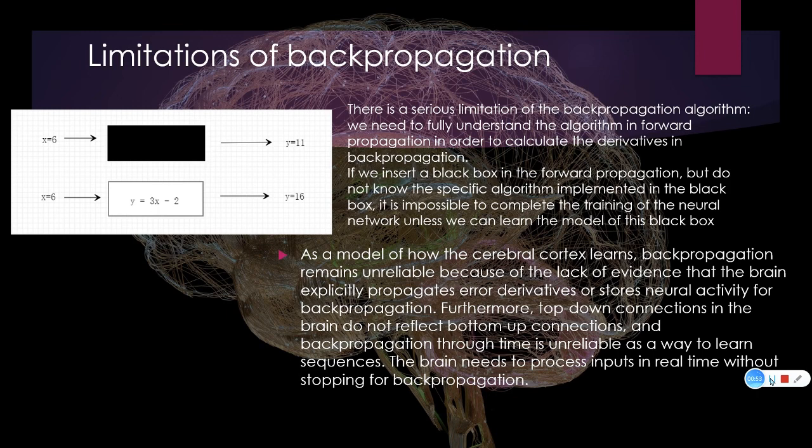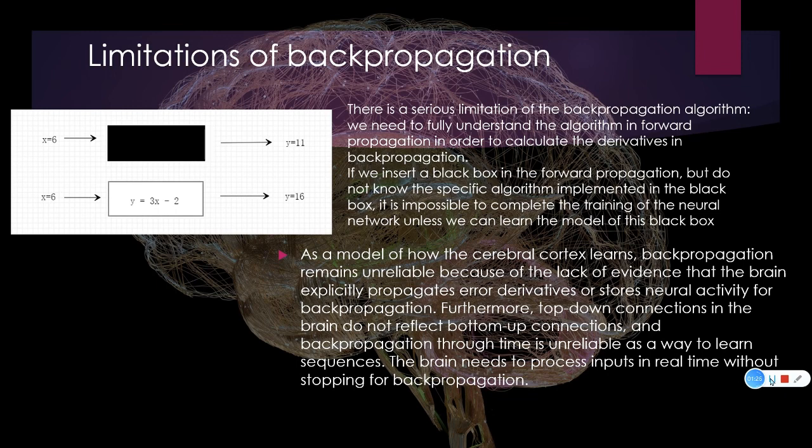As a model of the cerebral cortex neurons, backpropagation remains unreliable because of the lack of evidence that the brain explicitly propagates error derivatives or stores neural activity for backpropagation.